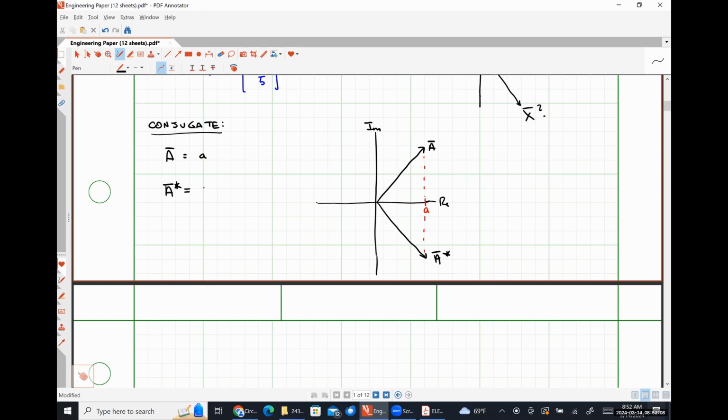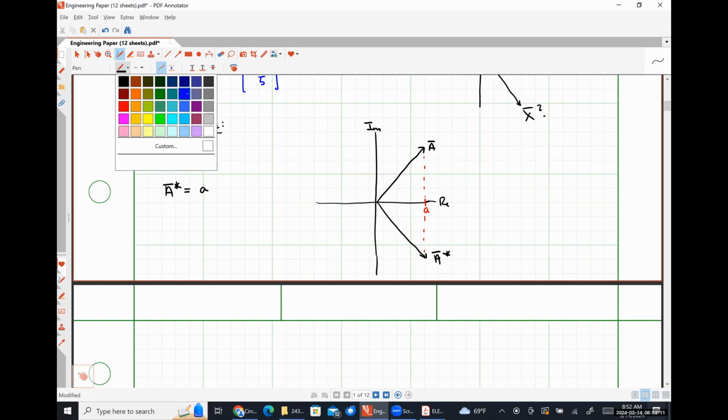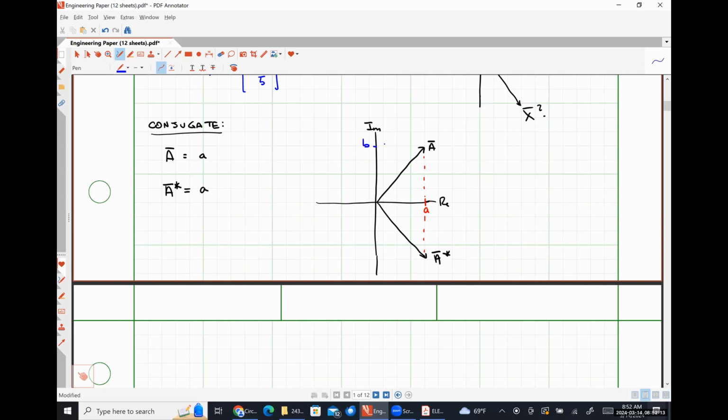And we're also going to have an A. Now, I had to go up B units to get complex number A, and I had to go down B units so that I'm at negative B here. So that means that if A is A plus JB, the conjugate of A is simply A minus JB. So the conjugate operation on a rectangular form complex number just changes the sign on the imaginary part. That's literally all it does, okay?